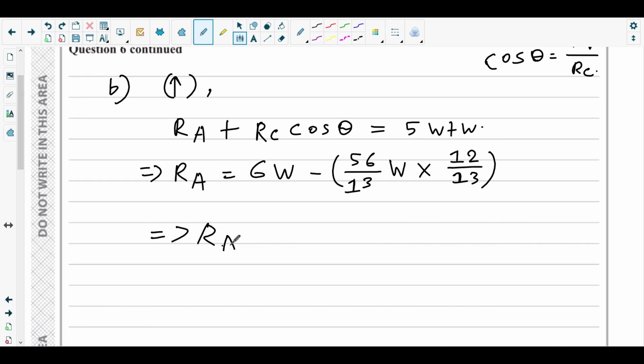So reaction at A is equal to 56/13 times 12/13, and we have to subtract it from 6. So this is basically 342/169 W. That's the reaction at A. Now we got the reaction at A.